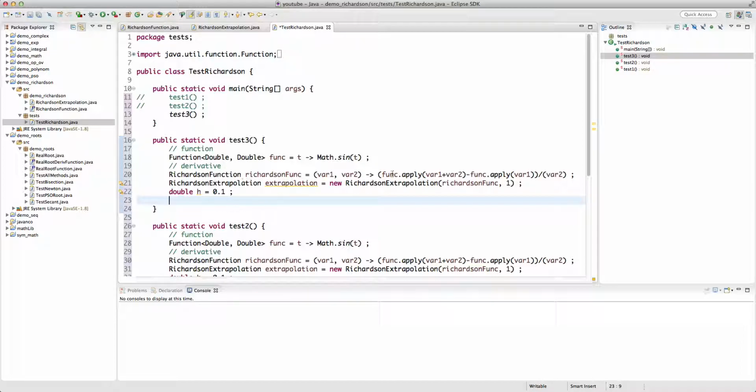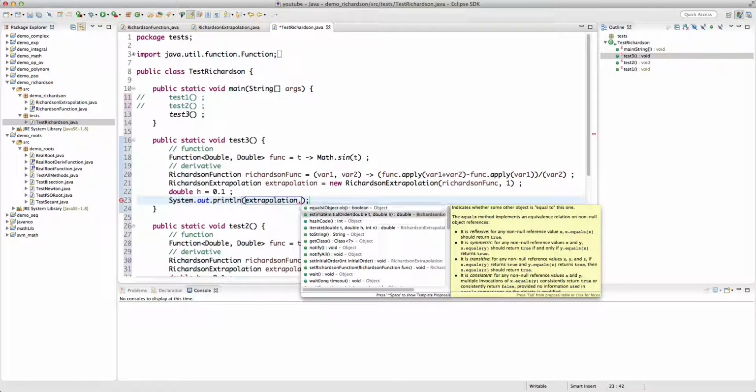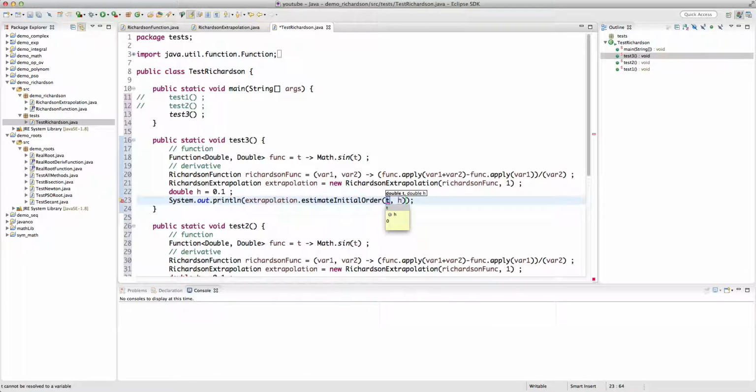This is the derivative of sine. This is my h, and then let's try to sys out the extrapolation estimate initial order. T is, let's say at 0, I want to estimate the initial order.